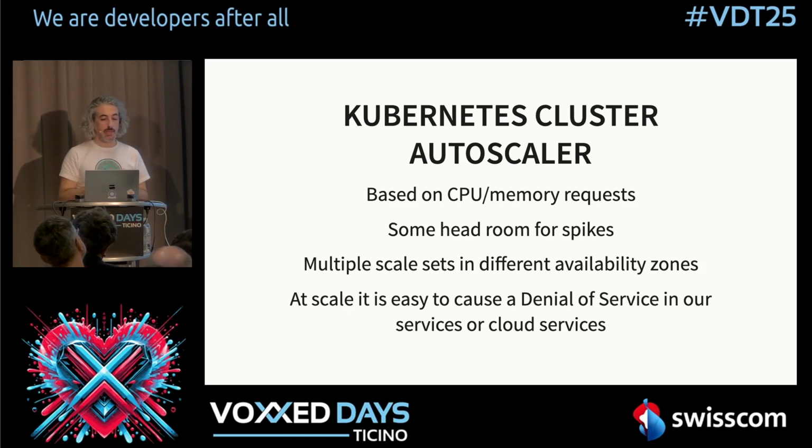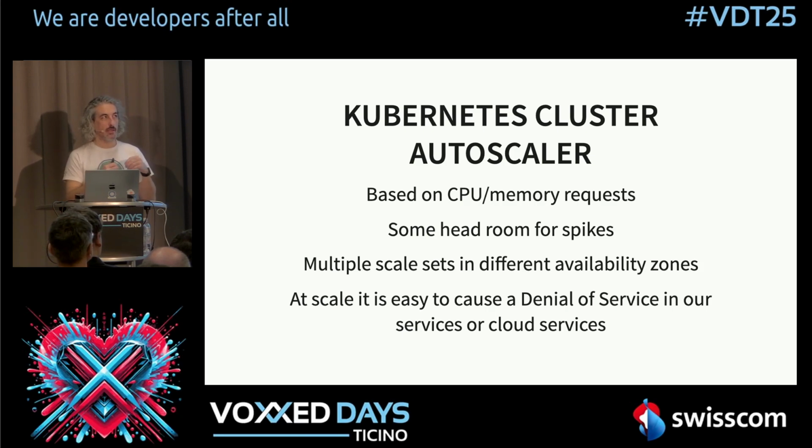We have multiple scale sets, virtual machine scale sets, or what is called VM groups, in different availability zones, because if an availability zone goes down, you want to keep running with the other two. And at scale, it's easy to cause denial of service by yourself.